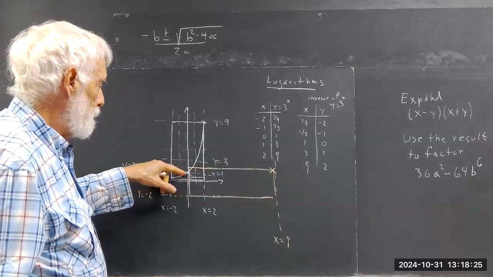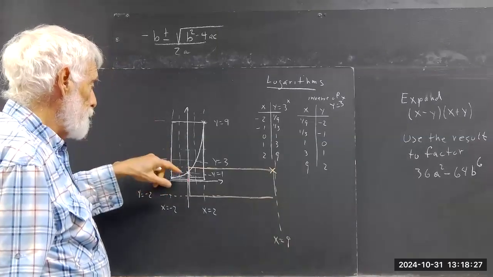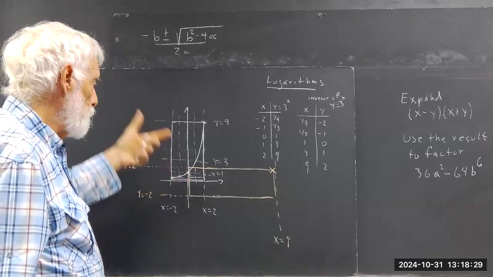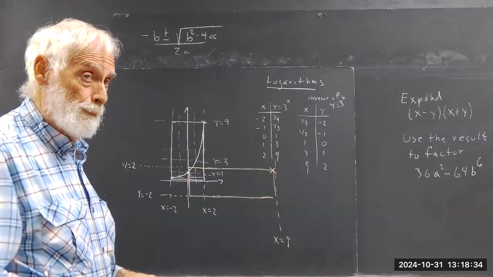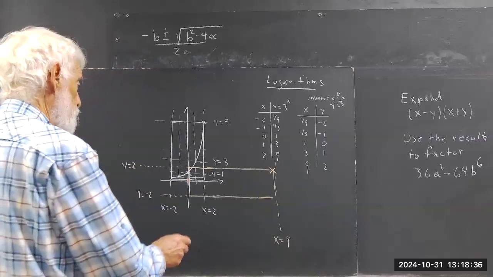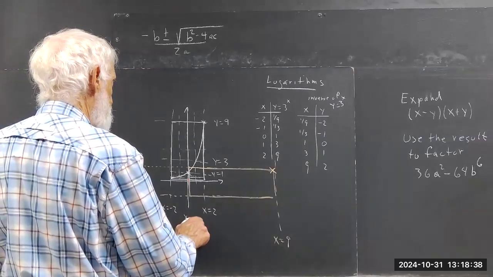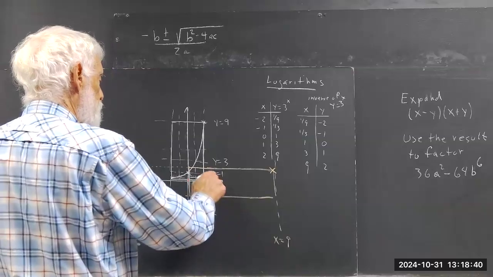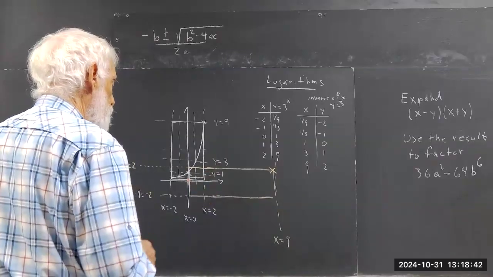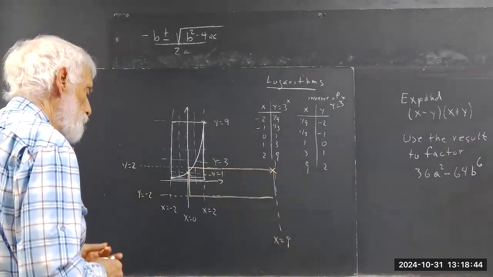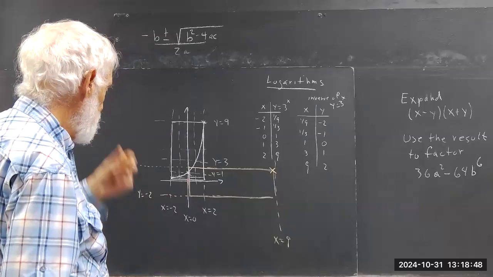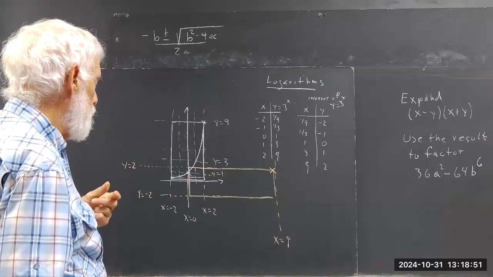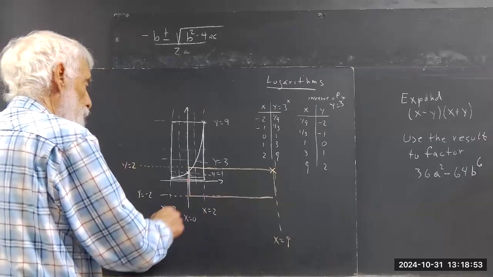Then the y-intercept is x equals 0, y equals 1, right? Okay. So here's line x equals 0. And here's the line y equals 1. The line x equals 0 will become the line y equals 0, which is the x-axis.